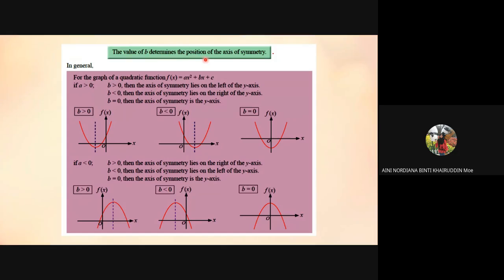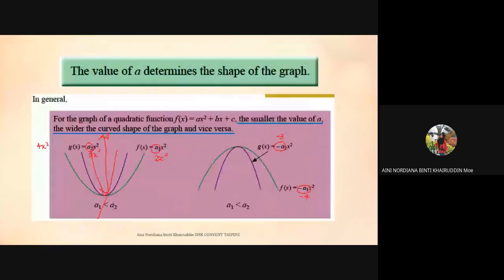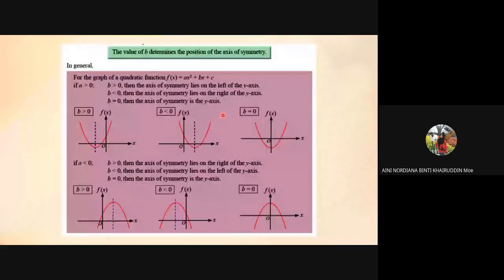For A, a positive number gives a smile and a negative number gives a sad shape. Its effect is the size: wider or thinner, approaching the y-axis. That is the effect of changing the value of A. Now, if we change the value of B, for A greater than 0, meaning A is a positive number, of course we get a smile shape graph.